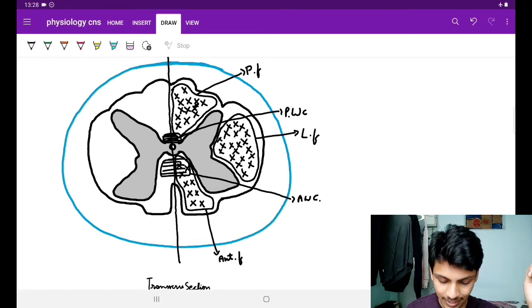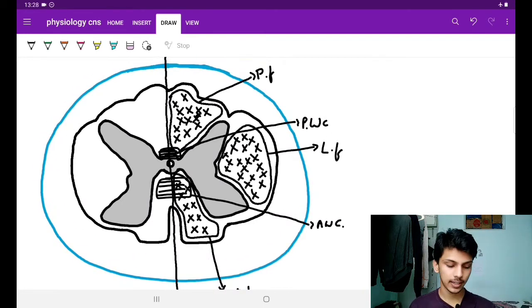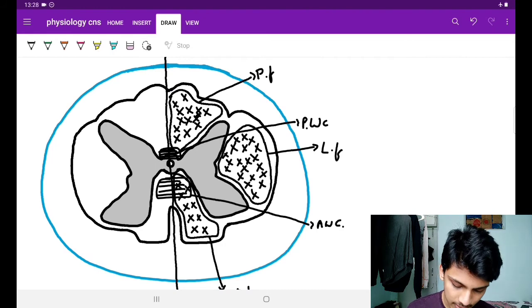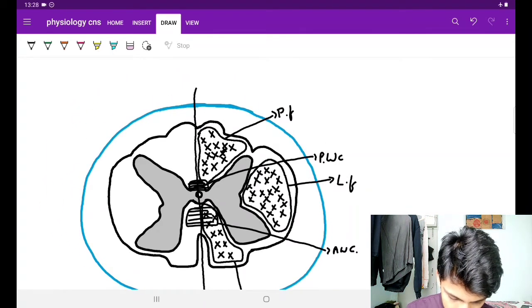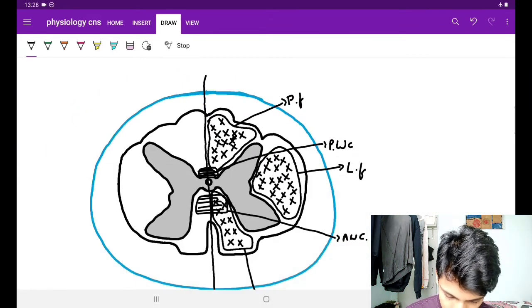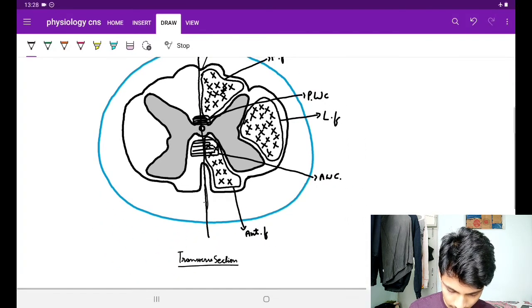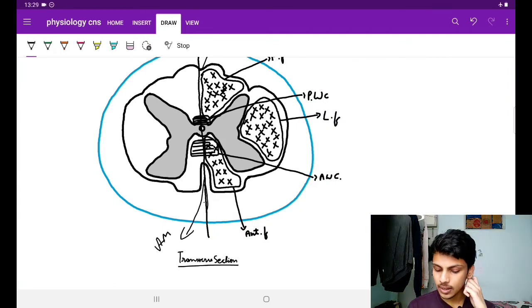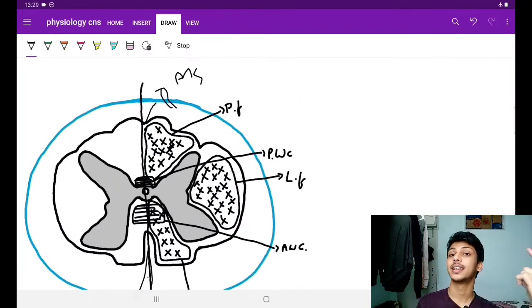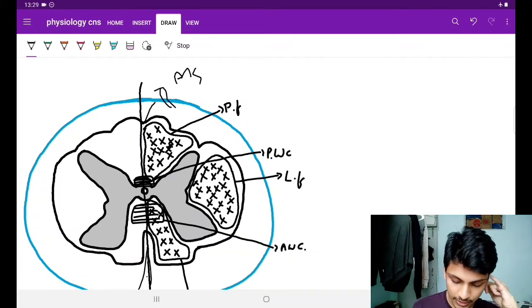Okay. Now this is the posterior median sulcus, isn't it? And this is the anterior median fissure, isn't it? So the white matter is divided by taking reference points. Which are the reference points?